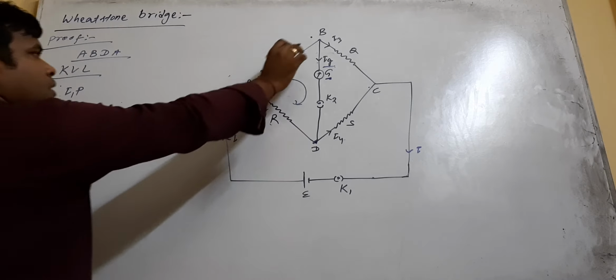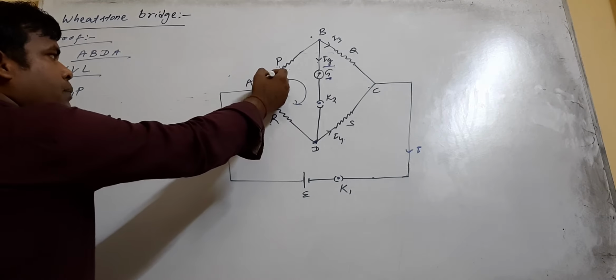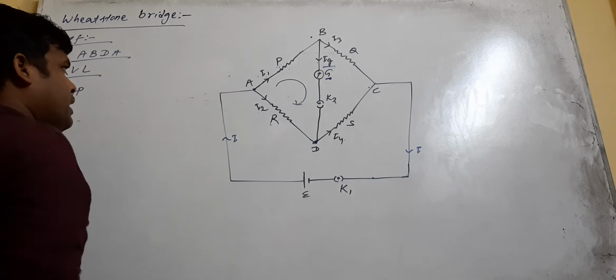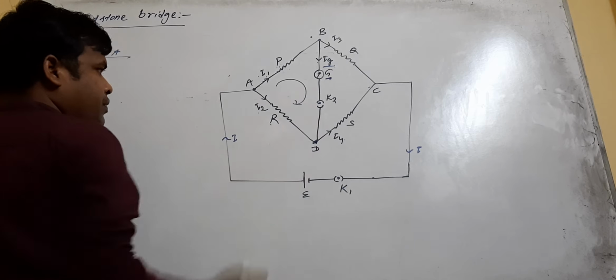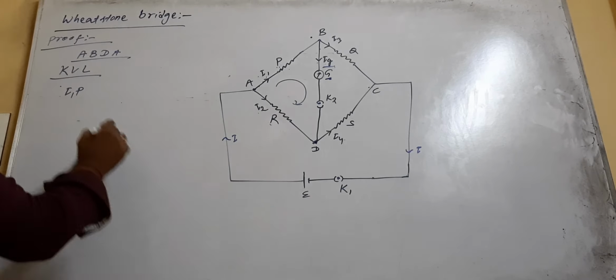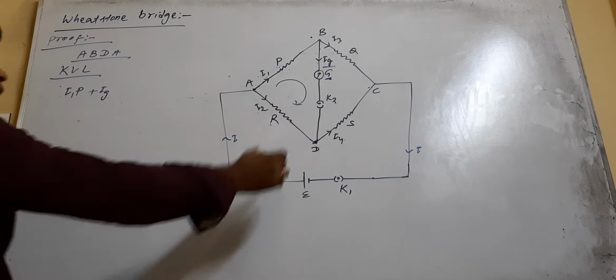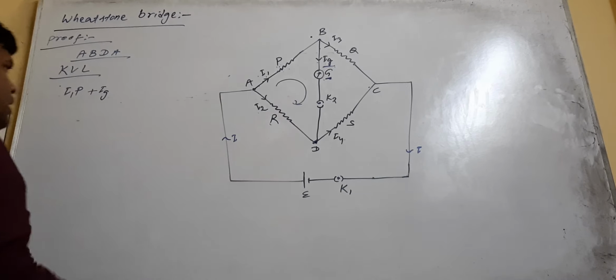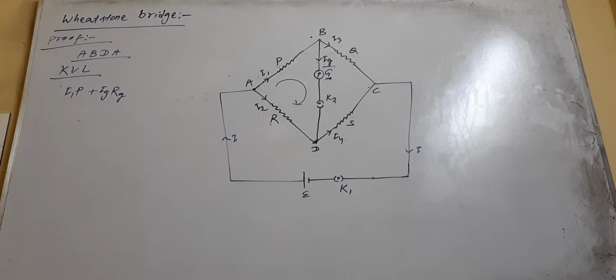In the same direction, the voltage drop is positive, and the voltage drop is the product of the current and corresponding resistance. Then from B to D, the same direction of the current is Ig, that is plus Ig, and the resistance of the galvanometer you take, it is Rg. Rg is the resistance of the galvanometer.